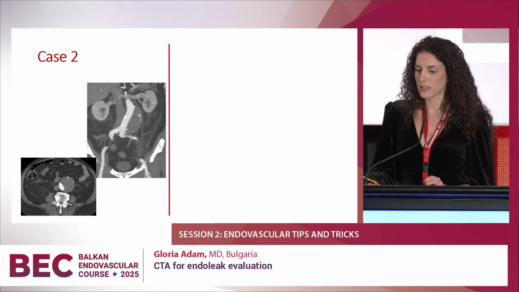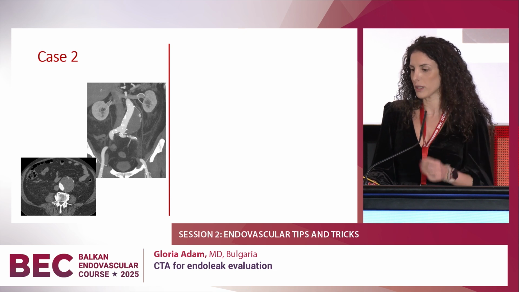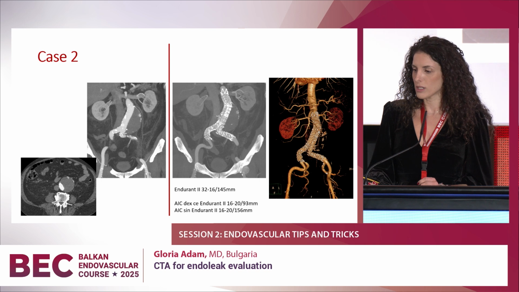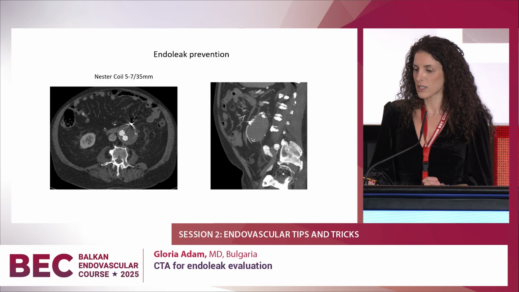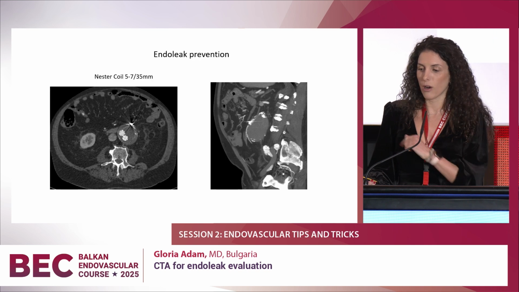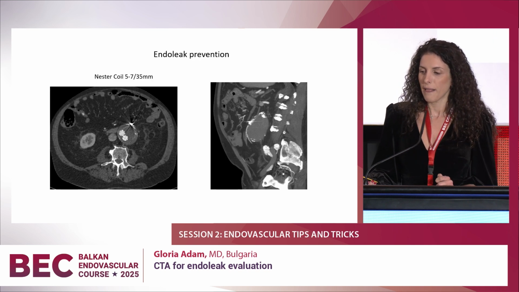This is a second case of abdominal aortic aneurysm infrarenally with peripheral thrombosis. The decision for treatment was with stent endurance with iliac extensions and follow-up CT. Also, there was placed, like prevention for endoleak, coil in the arteria mesenterica inferior.